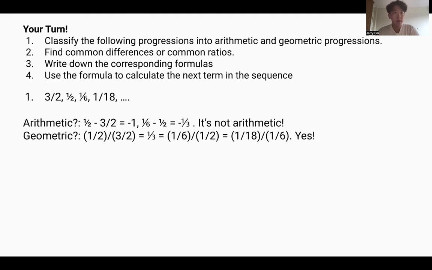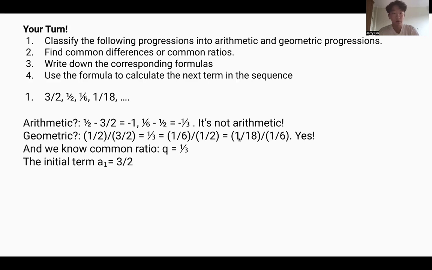And it is. If we divide the second term by the first term, we get 1/3, which is the same result as dividing the third term by the second term, or the fourth term by the third term. So this is a geometric sequence, and the common ratio q is equal to 1/3, and the first term a1 is equal to 3/2.